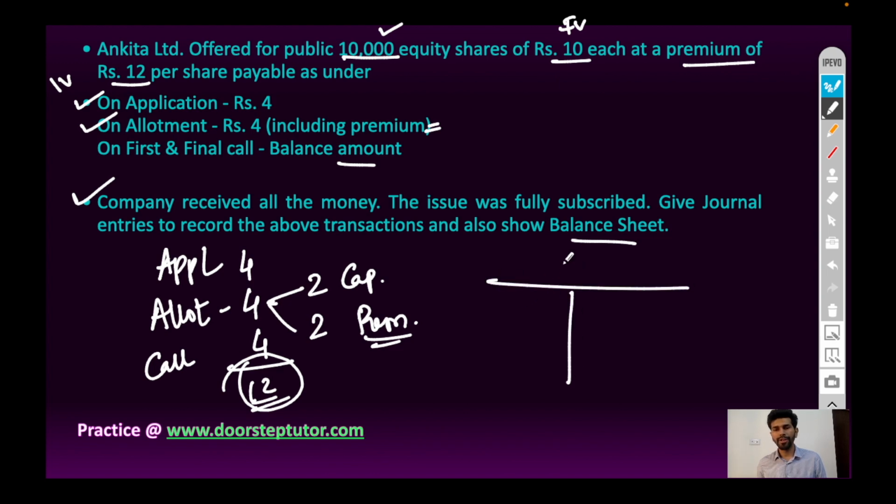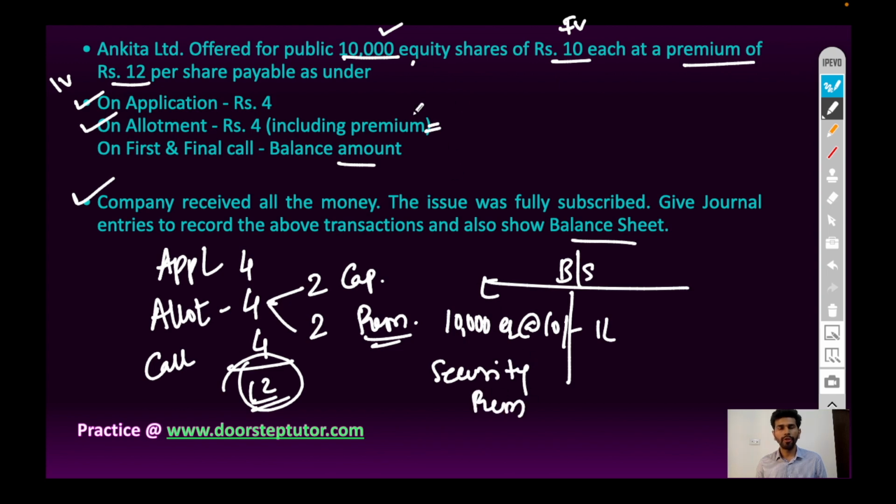So in the balance sheet, on the liability side, issued share capital will be 10,000 equity shares of 10 rupees each. So the amount will be 1 lakh, and security premium will be 10,000 into 2 rupees per share premium.